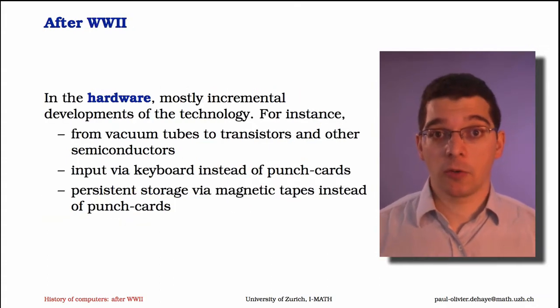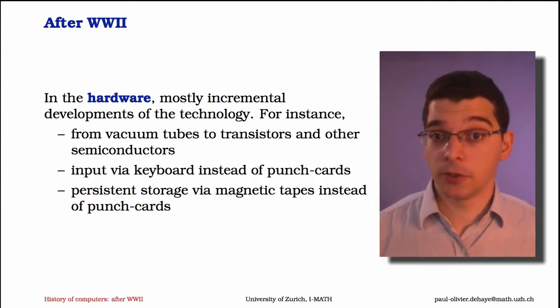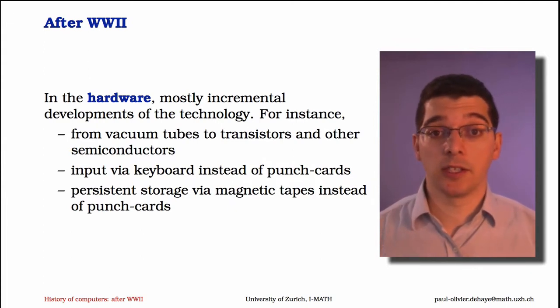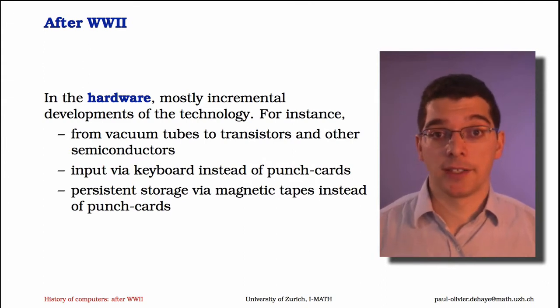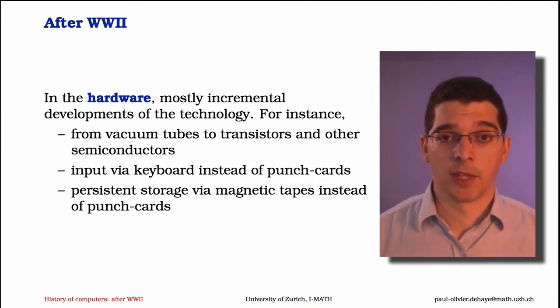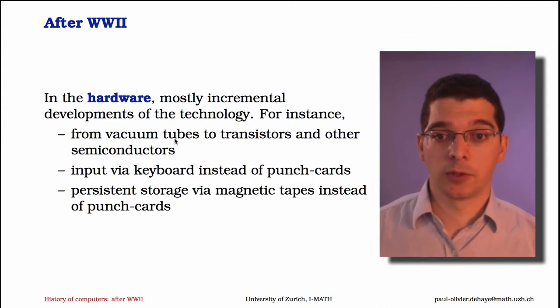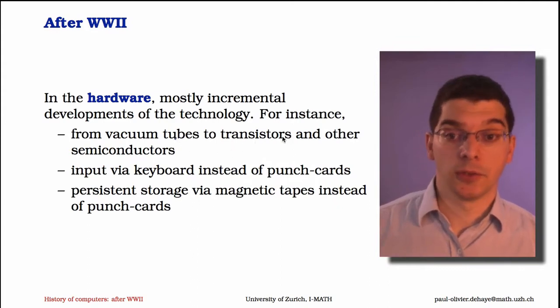Well, in the hardware, there was a lot of evolution, but it's mostly incremental, meaning nothing really changing the world anymore. It's just making it faster and faster. So we went from vacuum tubes to transistors and to semiconductors.